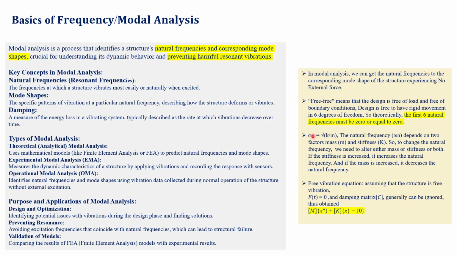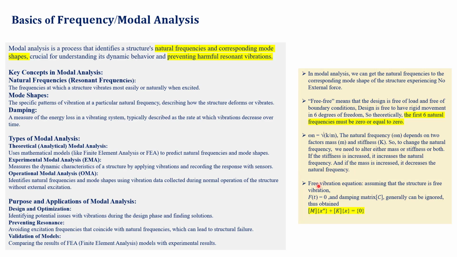If you want to increase the frequency, you need to reduce the mass. Here it is written: an increase in stiffness gives an increase in natural frequency, and when mass is increased, there is a decrease in the natural frequency.